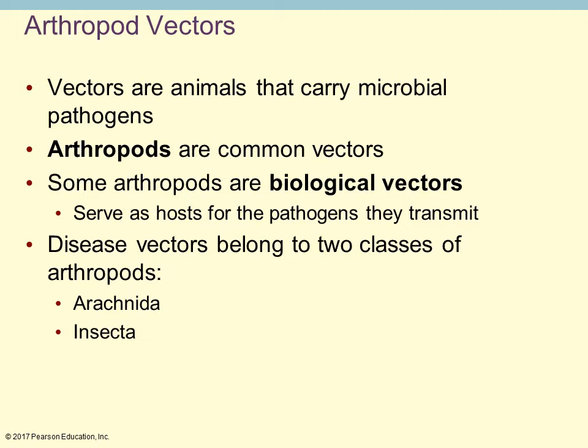Like I said, arthropods, insects, are going to be the most common one. So in terms of epidemiology and trying to control it, if you can control that vector and prevent it from transmitting to humans, that's a huge step.